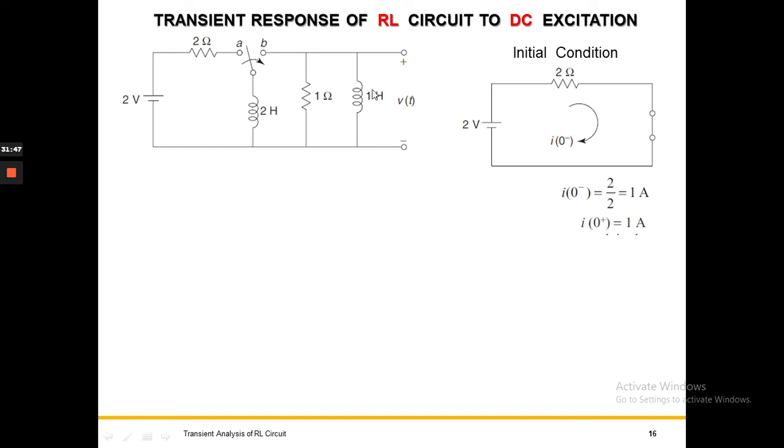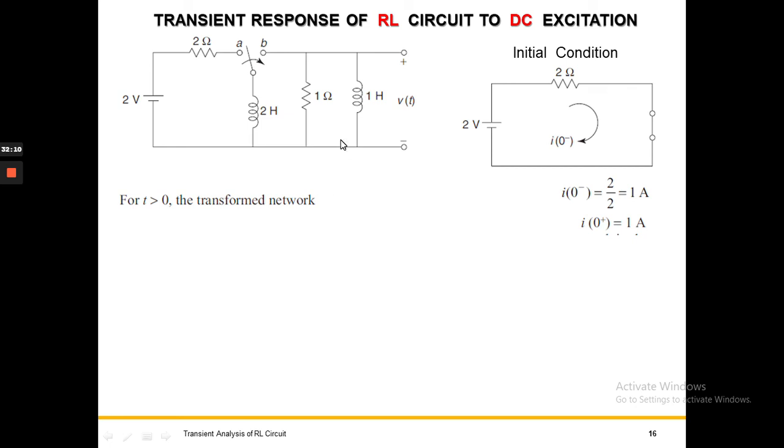There is no initial current through this 1 Henry because the supply is connected to this inductor only. Okay, the circuit to the right of this node B will be isolated, so there is no initial current through this 1 Henry inductance.